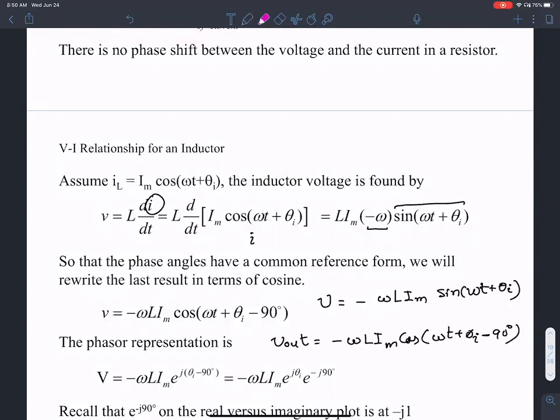So this is the expression for voltage when I apply an input that has this form.